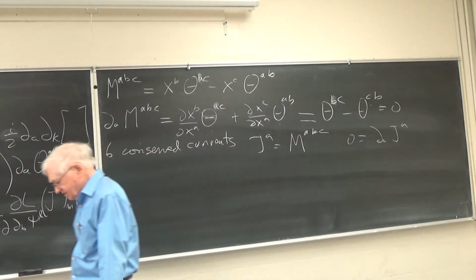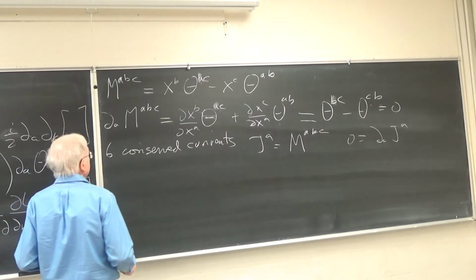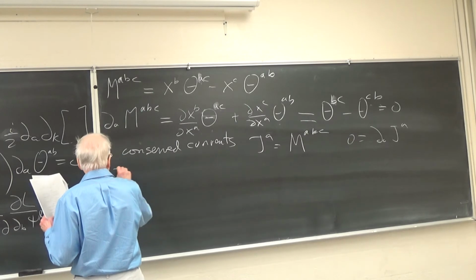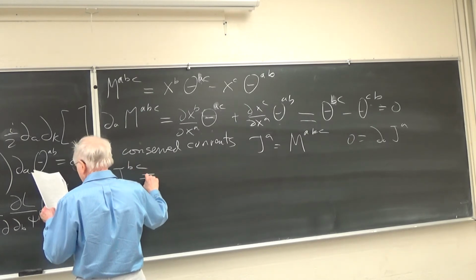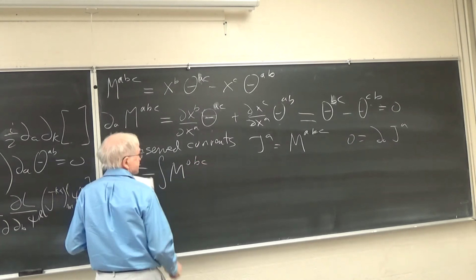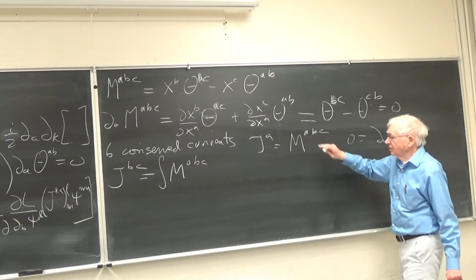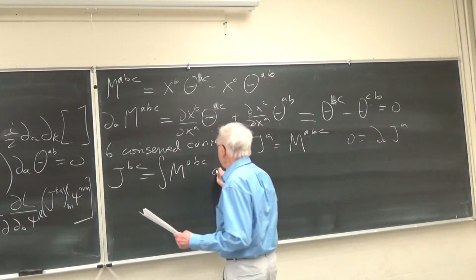So we have six conserved currents and consequently six conserved charges, and in particular the conserved charges are J_BC, and they're equal to M^0_BC, so we go for the A equals 0 component and integrate over space.